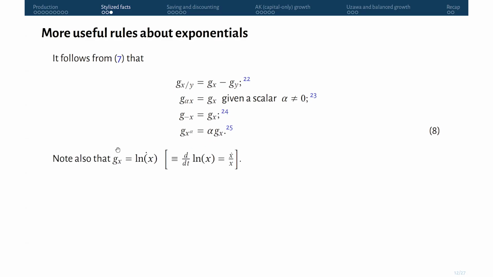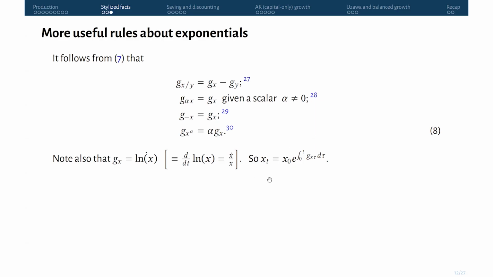Note also, this is maybe not quite as immediate, that the growth rate of a variable will be the absolute growth rate of its log. So to work out what that variable is at time t, given that you know what level it took at time 0 and you know the growth rates that it exhibited in between, you can say, okay, it's just going to be x0 times e to the integral of the growth rates between 0 and t.